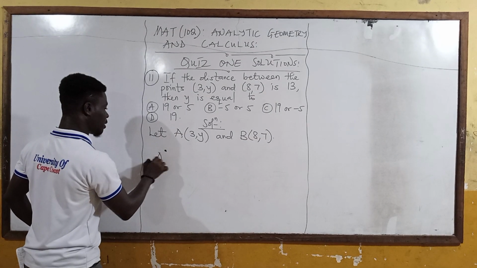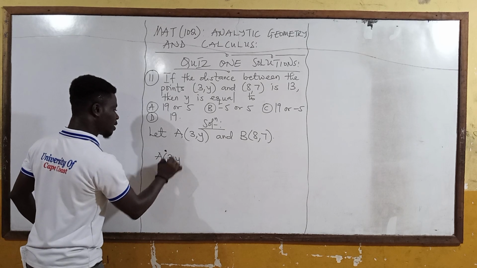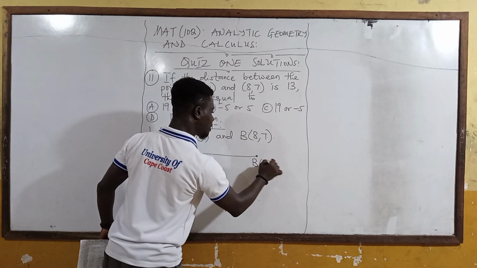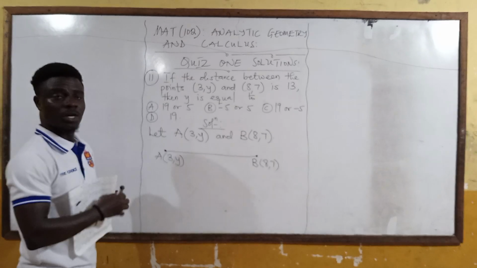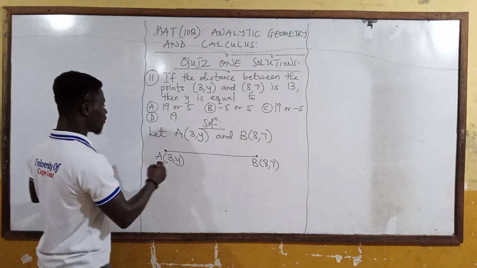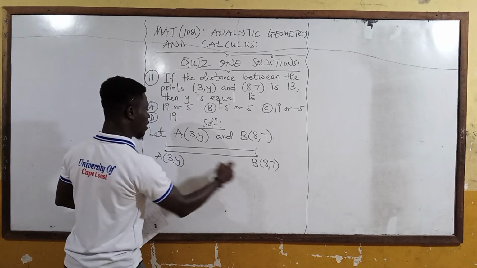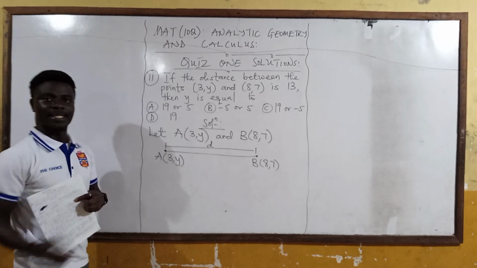So I have a point here, point A, not drawn to scale. Then this point B here is (8, 7). We have the line joining these two points together. So how can we find the distance from point A to point B?